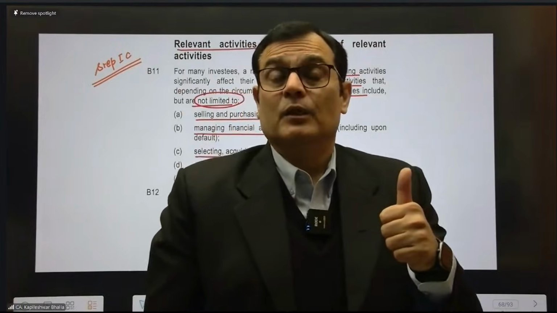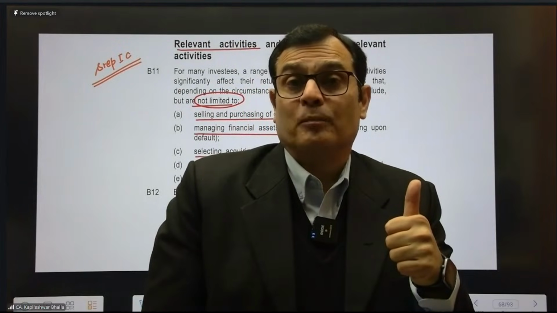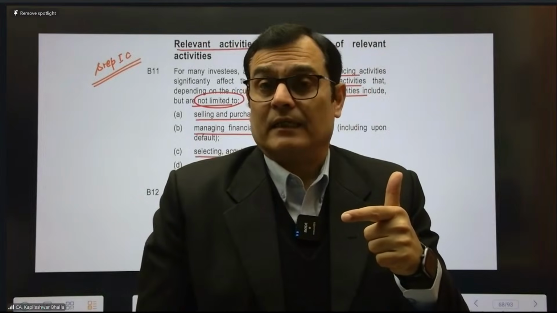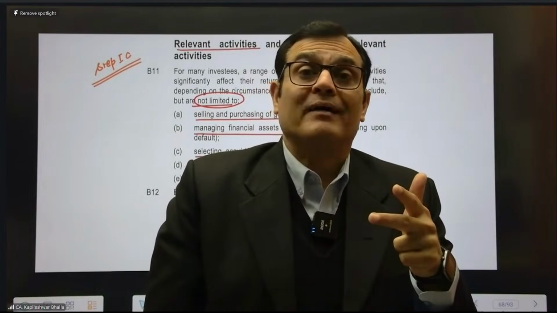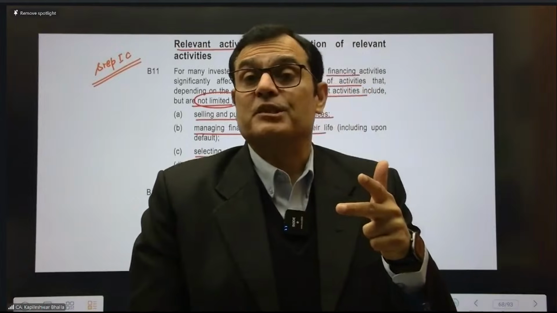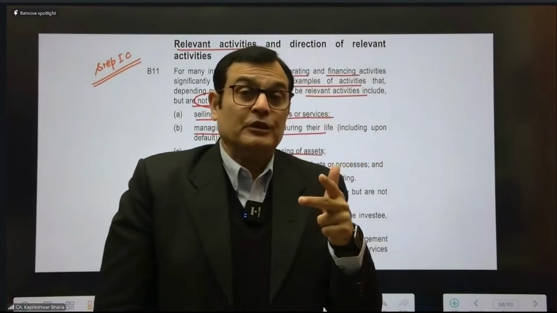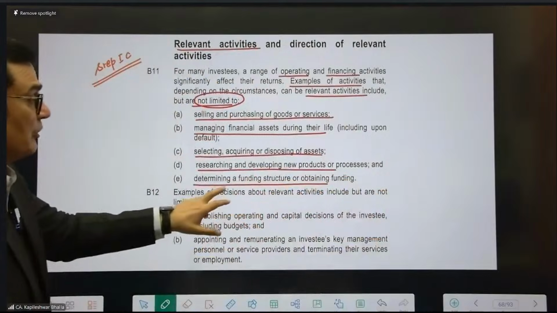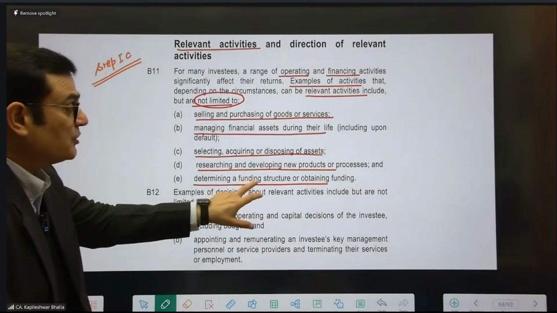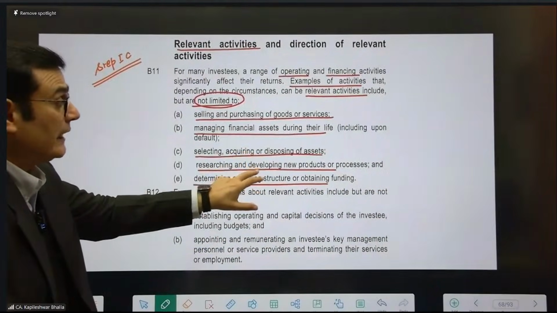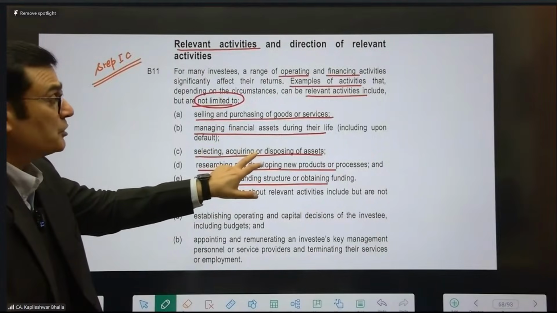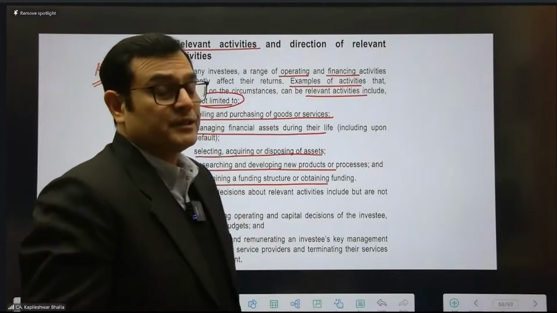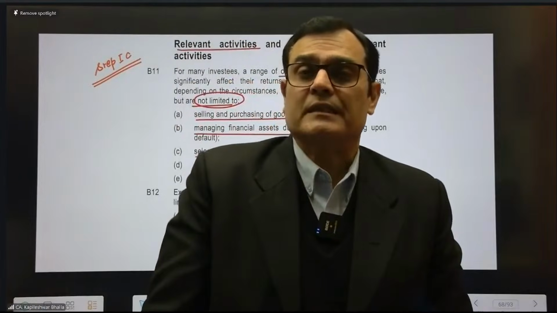If you can decide which goods to sell and buy, which assets to acquire and sell, how to manage the financial assets, what the business model of the company will be, the funding structure, the debt equity financing, the R&D activities, acquisition and disposal of assets, and the selling and purchase of goods and services.